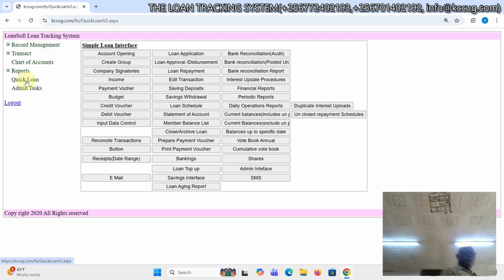So you can, that's why this option says close/archive. But you cannot close a loan if it still has an outstanding balance. Okay? You want it to remain open such that every time you can check on it and be able to remember that this man still has a loan.